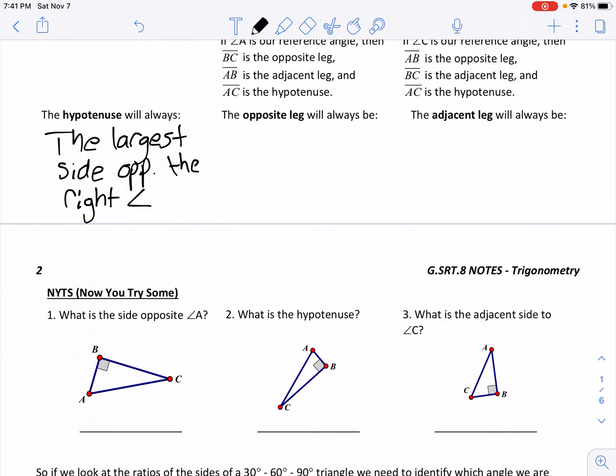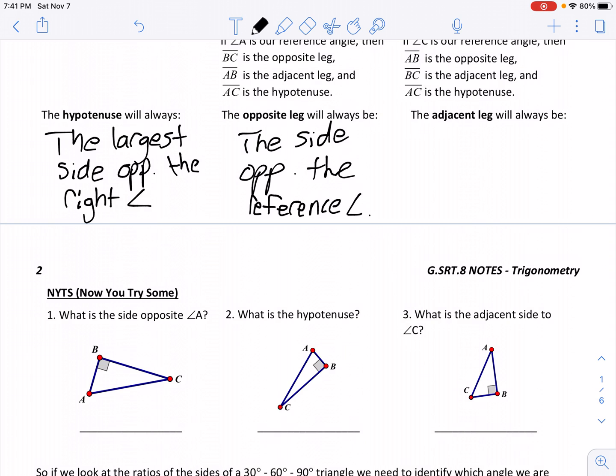And the opposite leg is the side, you guessed it, it's in the name, opposite the reference angle. The acute reference angle that we're focusing on, it's the side opposite of that.